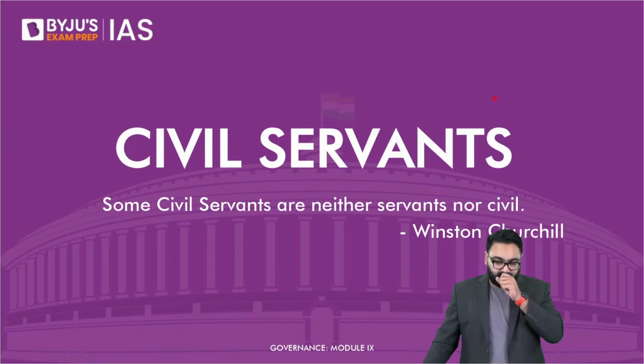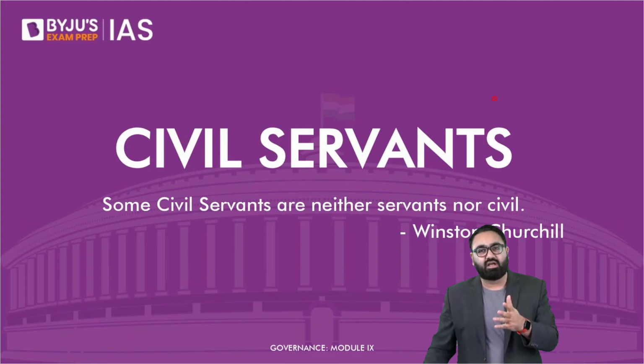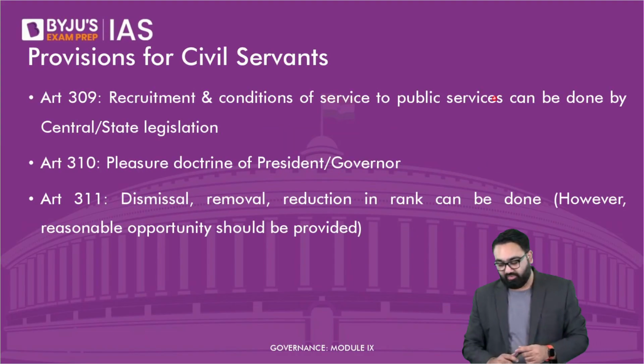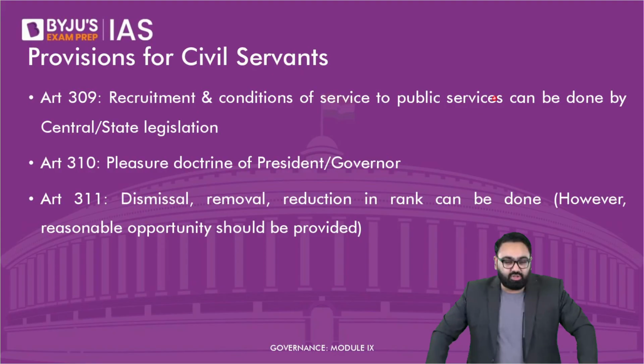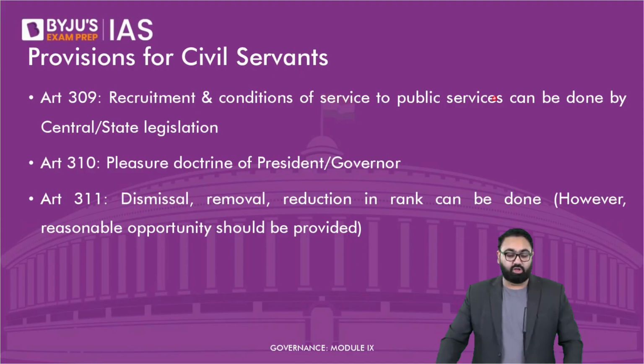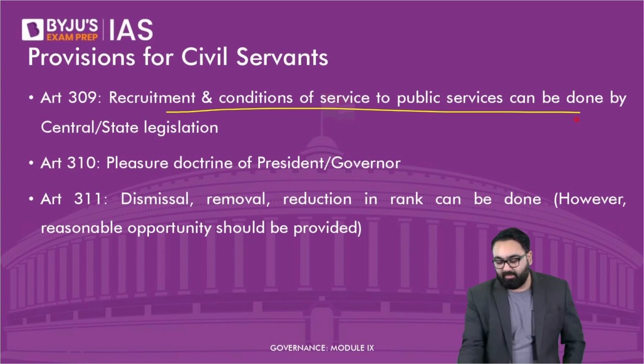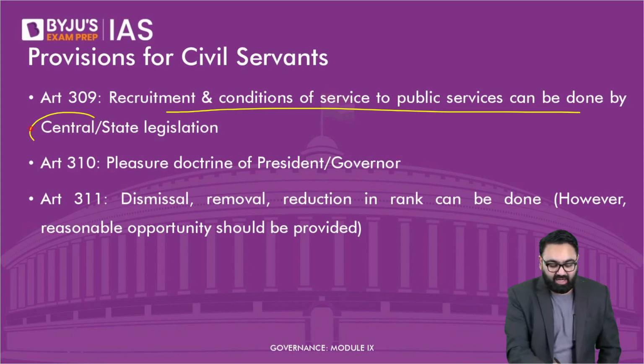Now, continuing with the civil servants, how the civil servants work, what are the other things that they do, what are the other things that are required out of them. The constitution also gives a lot of other details about the UPSC civil servants. For example, the constitution says recruitment and conditions of service of public servants will be handled by central or state legislation.